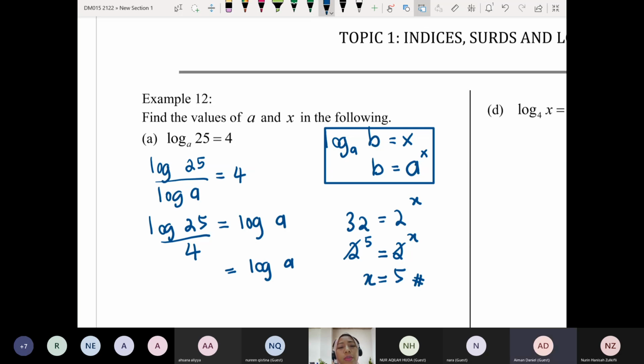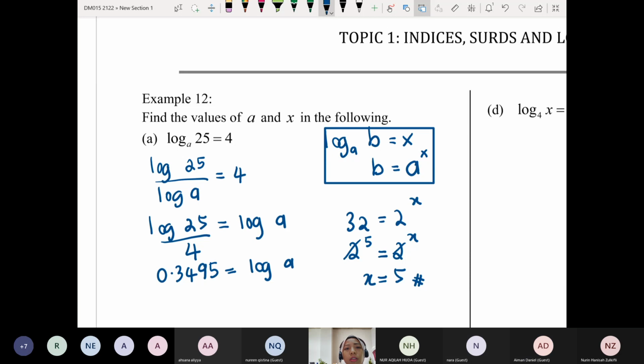Sayang, tekan log 25 bahagi dengan 4. Dapat 0.349. 4 decimal places, sayang. 0.3495. Okay.